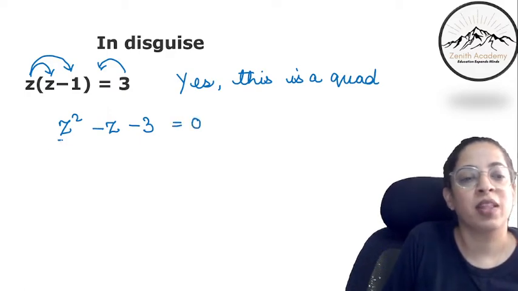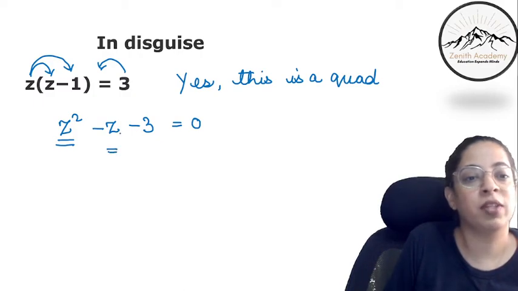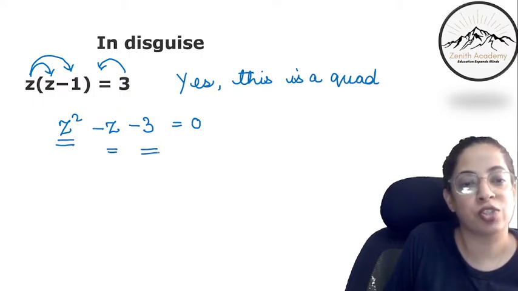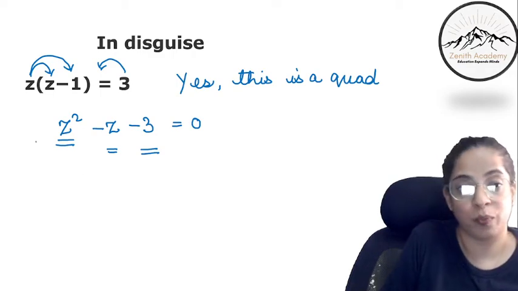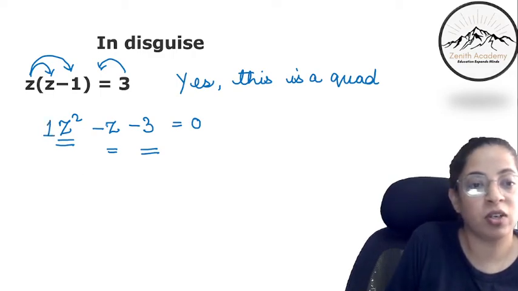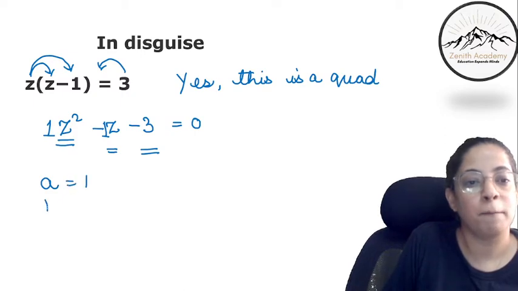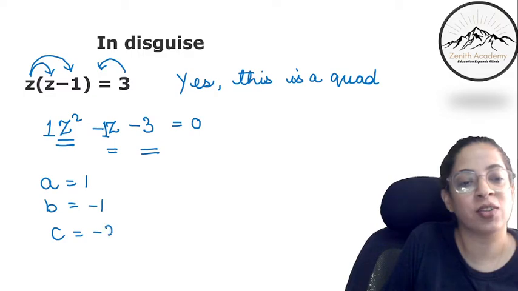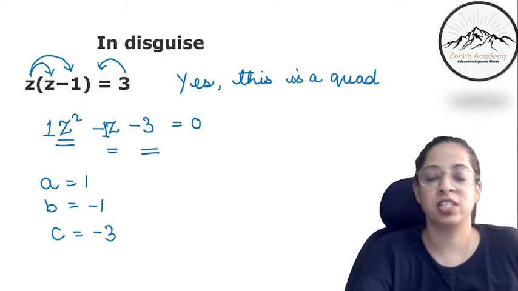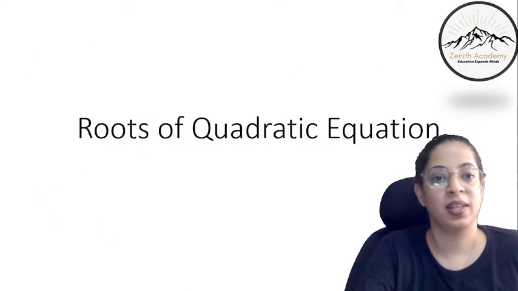So see, there is a variable with power 2, a variable with power 1, and here there is a constant, or variable with power 0. If there is nothing written in front of it, it means there is a 1. So a is equal to 1, b is equal to minus 1 and c is equal to minus 3. Understood? So this is a quadratic equation.